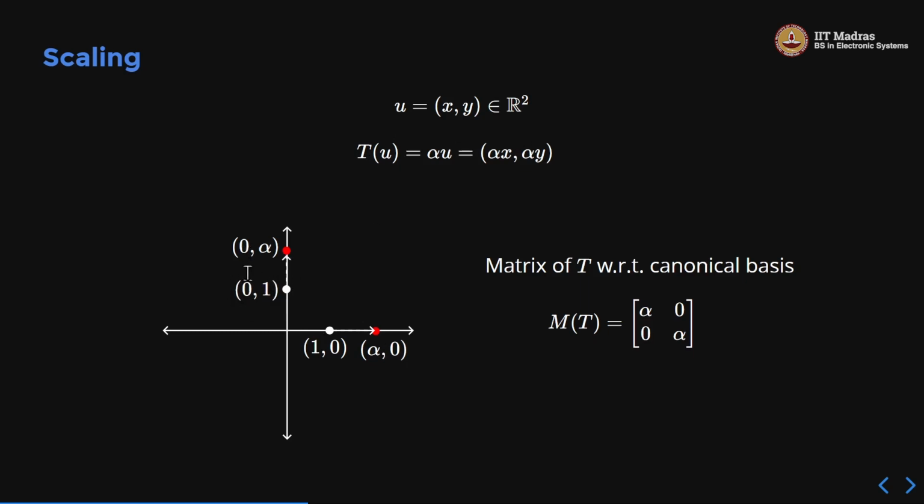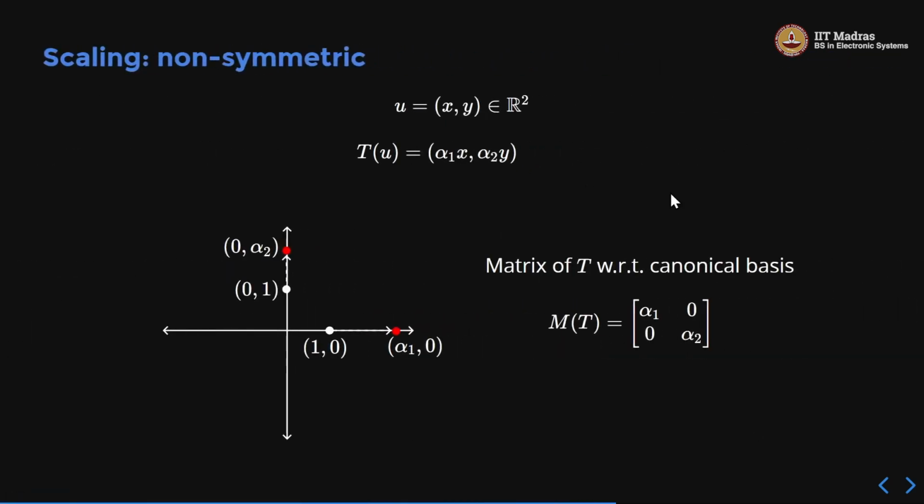Just multiply with alpha: 0 is just 0, 1 multiplied by alpha is alpha, and then the second column of this matrix will become (0, alpha). So this alpha 0, 0 alpha, read row-wise or column-wise, is my matrix representing the scaling by alpha, where the vector itself is getting scaled. Both axes are getting scaled by the same quantity. Easy, isn't it? So these kinds of examples are very easy to figure out what the matrix should be.